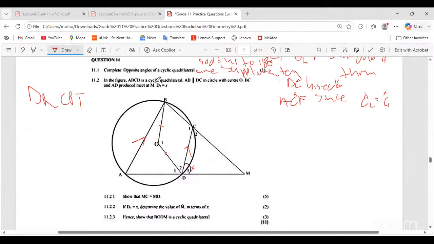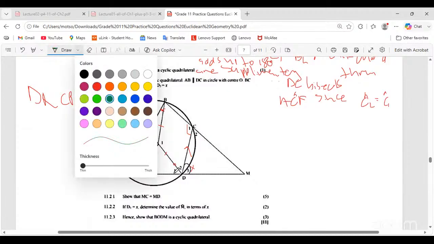We are given that ABCD is a cyclic quad. Therefore, this angle and this angle are supplementary. The whole angle B and D1 plus D2 are also supplementary. And then remember we have that theorem that is like this. If this is a cyclic quad, this angle is equal to that angle. Reason being, exterior angle of a cyclic quad is equal to interior opposite angle. Therefore, we have this angle here.